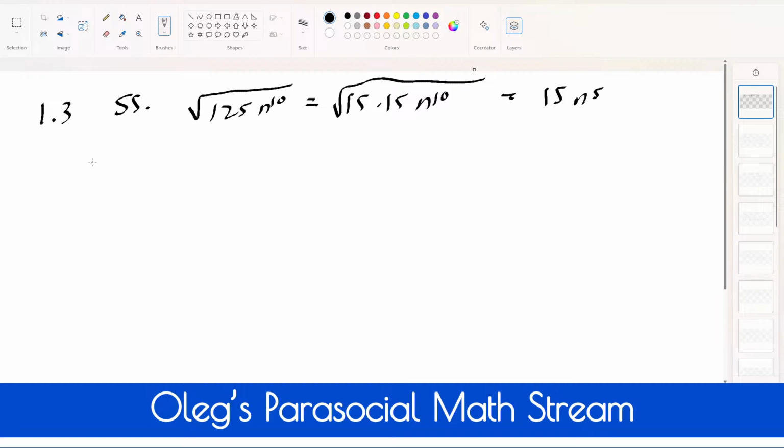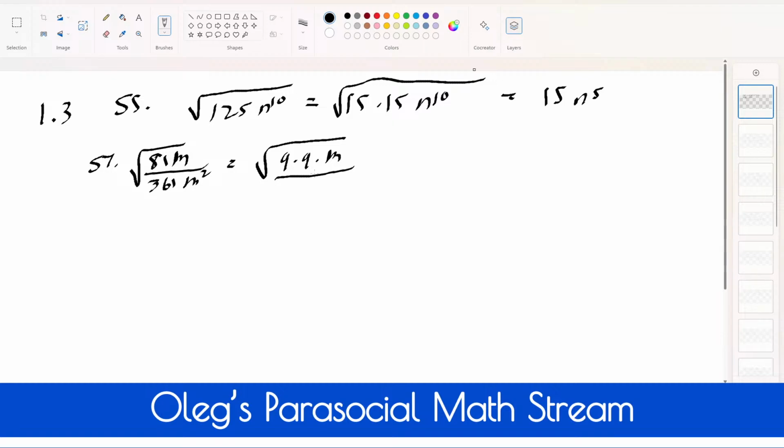All right, so then we have 57, root 81m over 361m squared. Okay, so we know this is 9 times 9 times m over, what was that, 17 times 17? Or is it 21 times 21? It's 19 times 19, I think.